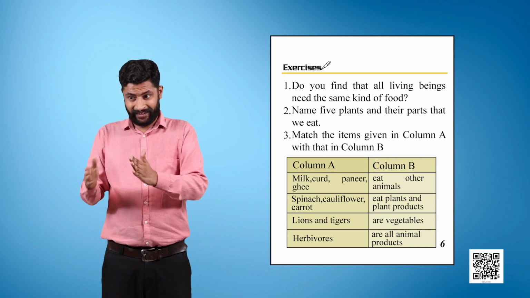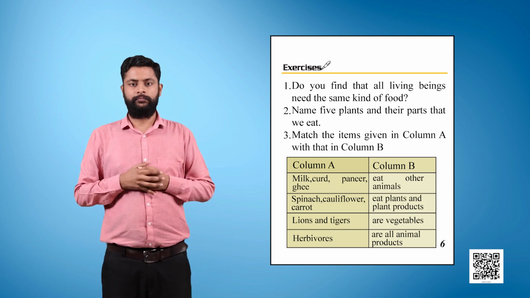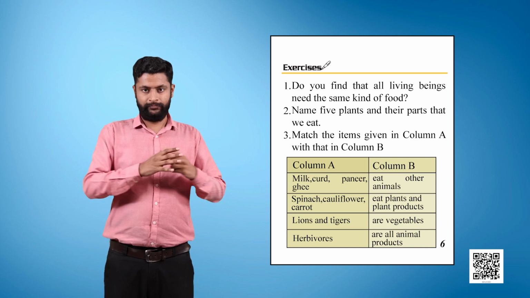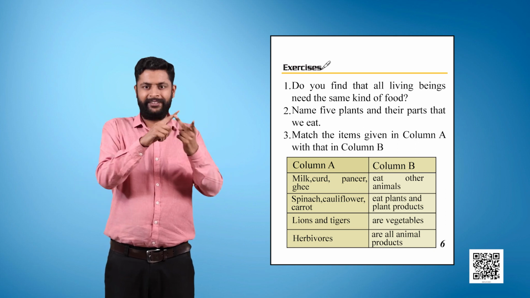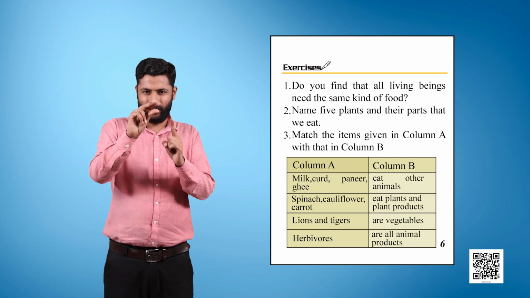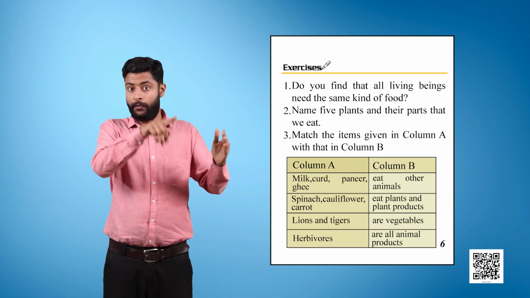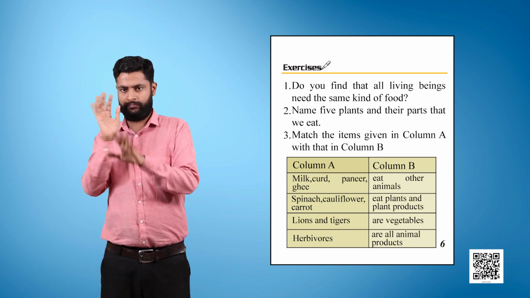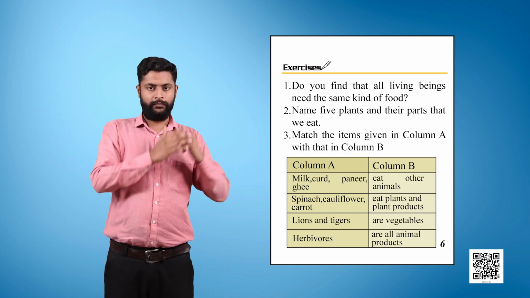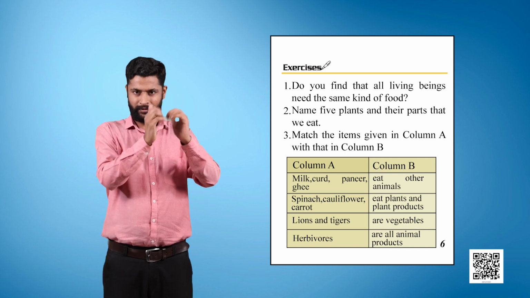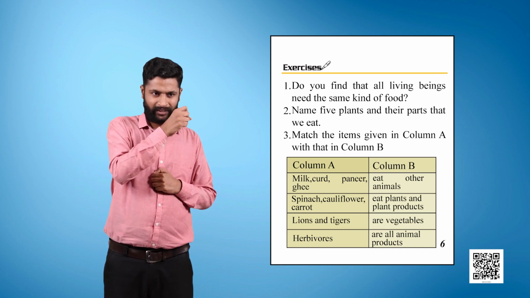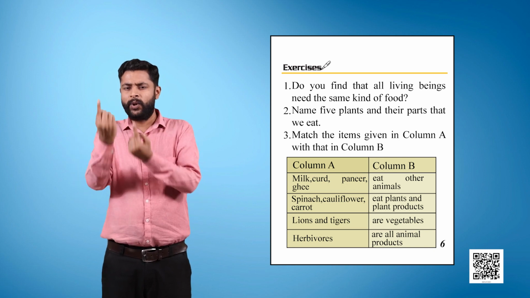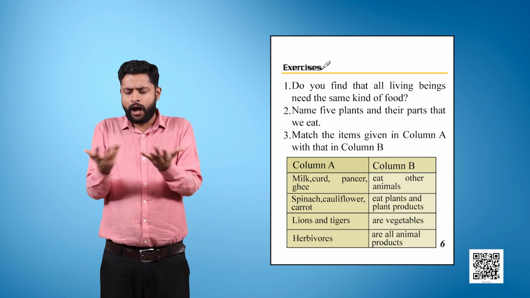Match the items given in column A with that in column B. Column A: Milk, curd, paneer, ghee. Column B: Eat other animals. Column A: Spinach, cauliflower, carrot. Column B: Eat plants and plant products.